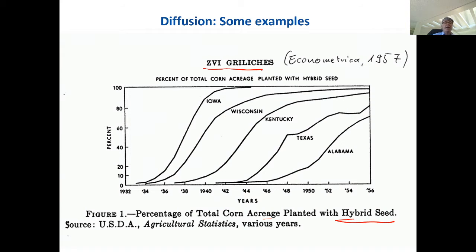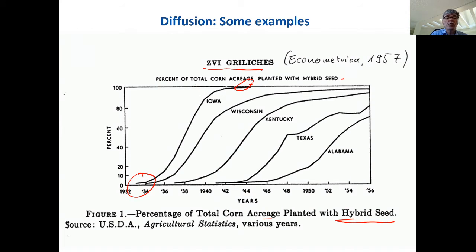Okay, and what you see here, first of all, the hybrid seed, here it's a percentage of total corn acreage planted with hybrid seed. You see the typically S-shaped curve in Iowa farmers. You have some farmers doing that rather early and others doing it late, but you get these typically S-shaped curves.